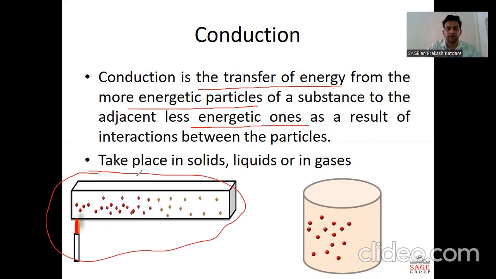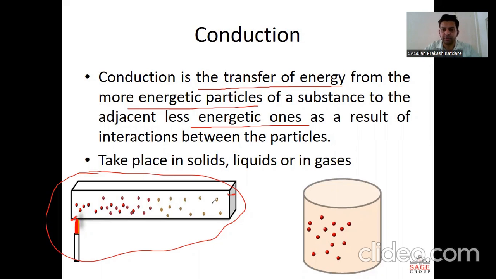If we take a steel bar and supply heat at one of its ends, then after some time we can observe the heat at the other end also. This is because the heat that we have supplied energizes the free electrons there, and these electrons move towards the other end and thus transfer the heat.